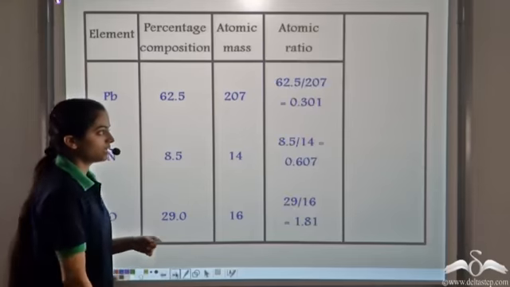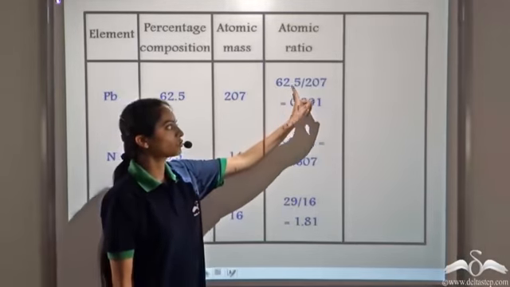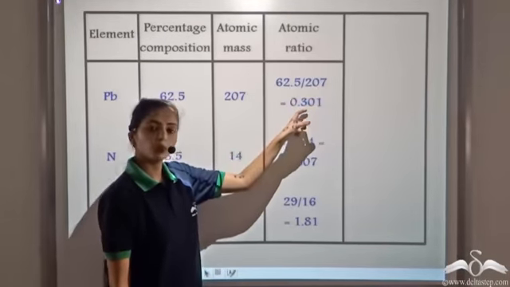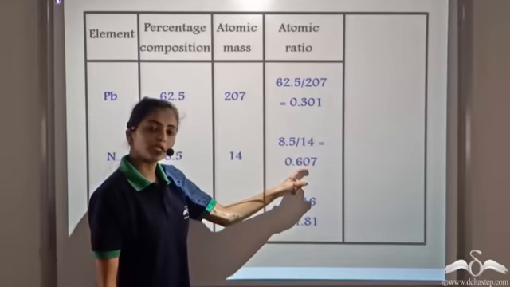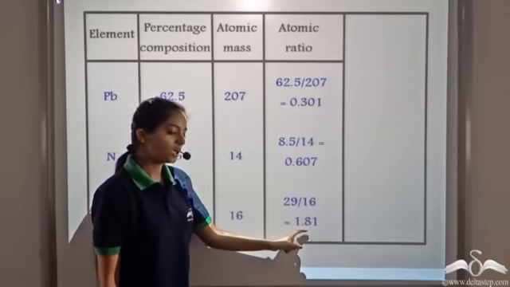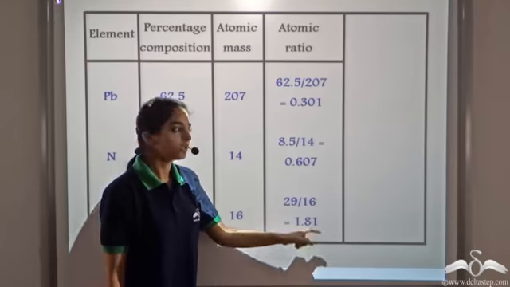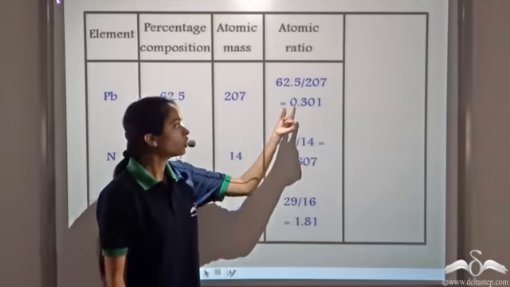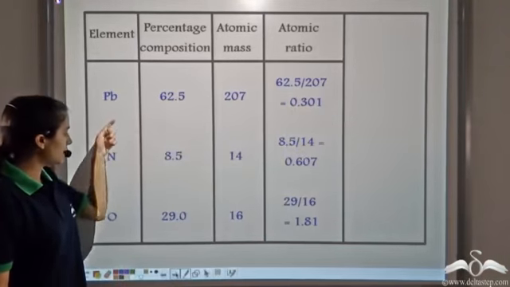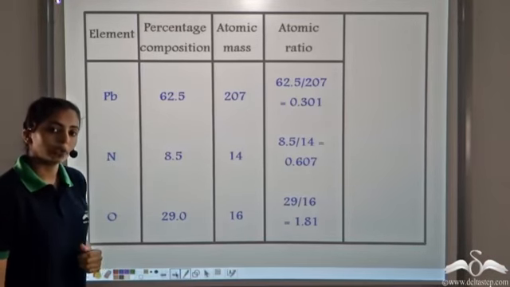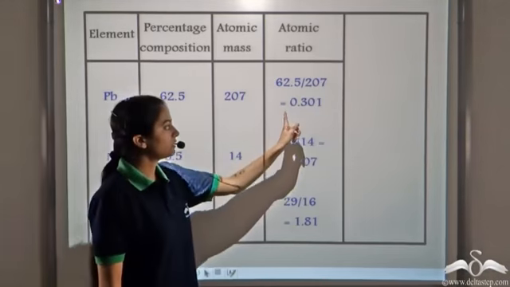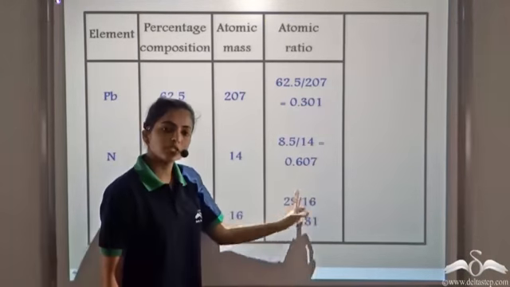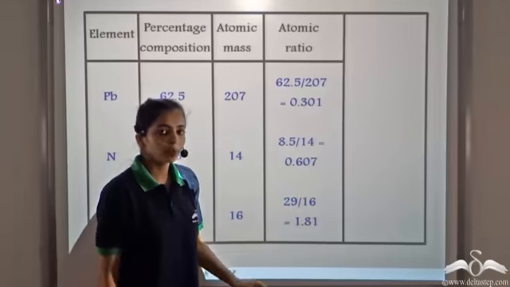So when we divide 62.5 by 207, we get 0.301. Similarly for nitrogen we get 0.607, and for oxygen we get 1.81. So these values give us the atomic ratio of the three elements, lead, nitrogen and oxygen, in the compound. But again we see that these are not the simplest whole number ratios.